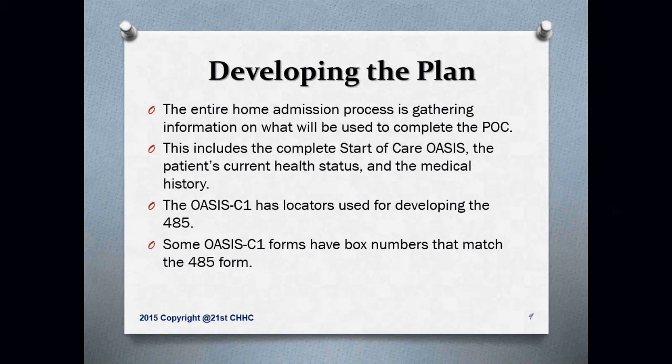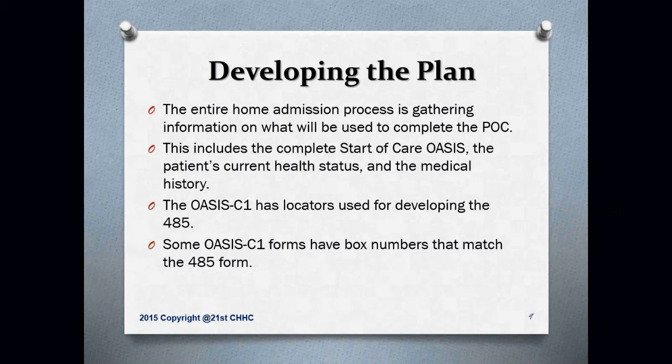So it includes the start of care OASIS, and in that start of care OASIS, the clinician should be looking at the current health status and also the medical history. And you should have documentation of either a discharge summary if it's coming from a hospital, or a history and physical from a hospital or a facility to support the documentation that the clinician puts on the OASIS.